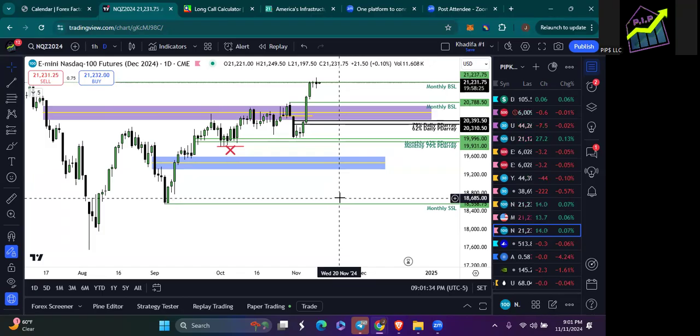So what I've just been doing is strictly reading price action. I've been saying screw trying to use dollar futures correlation or inverse correlation to gauge futures. I've just been using raw, straight price action, and it's been working for me.